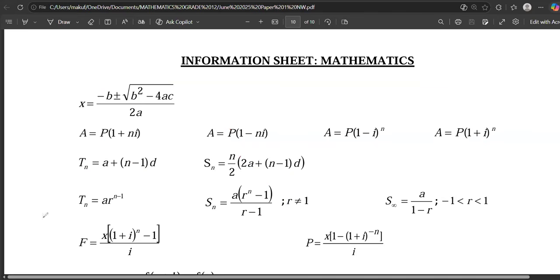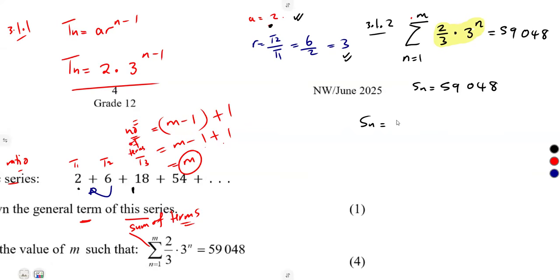So you can simply use that formula to determine the value of M, because we are asked to calculate or to find the value of M. So our Sn is equal to A into R to the exponent of n minus 1 over R minus 1, where the sum is numerically given as 59,048.